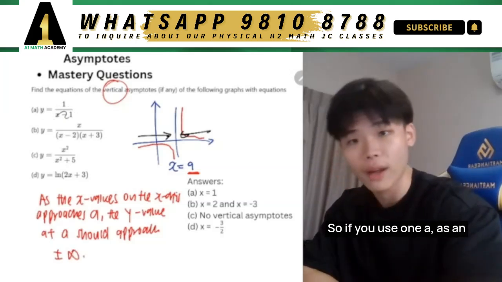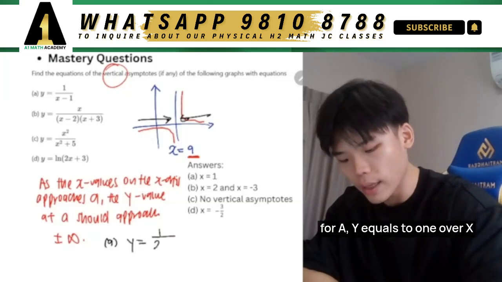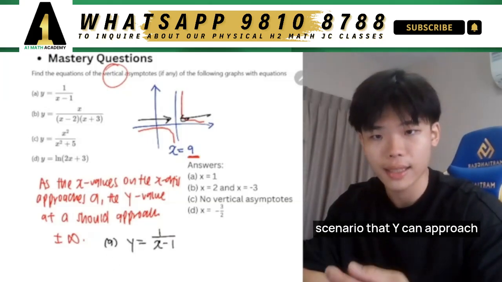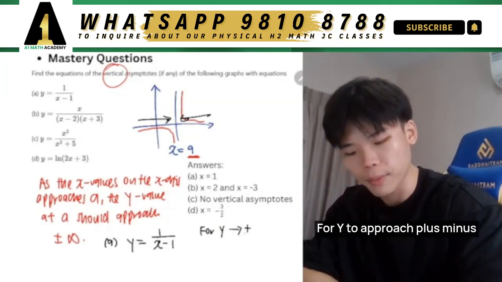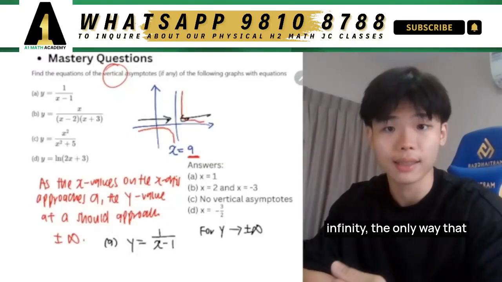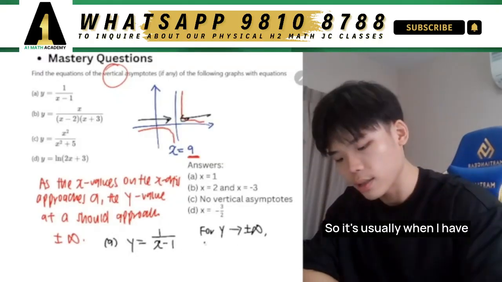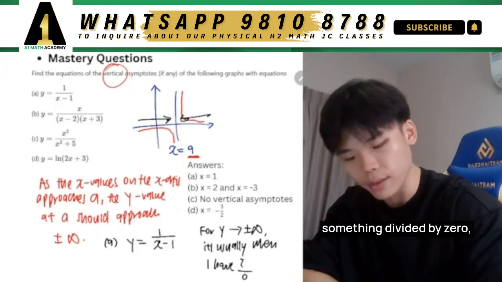So if we use 1A as an example, y equals to 1 over x minus 1, the only scenario in which y can approach plus minus infinity is when I take something divided by 0. So it's usually when I have something divided by 0. The something is here.